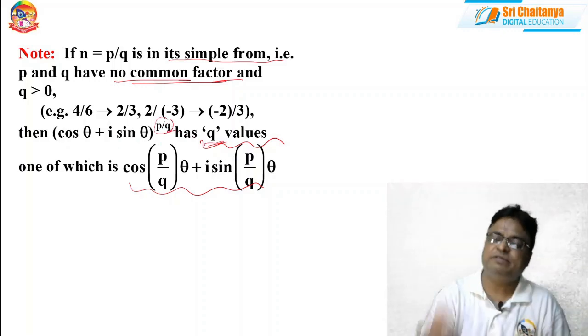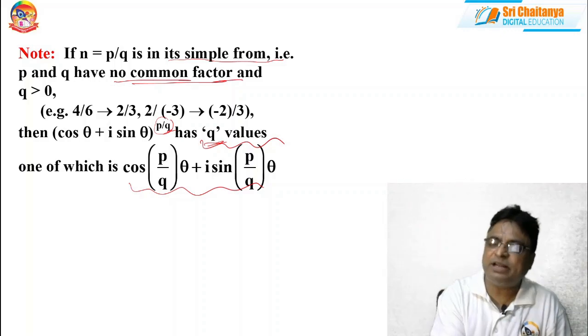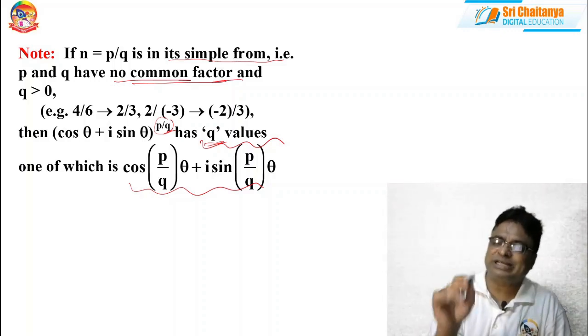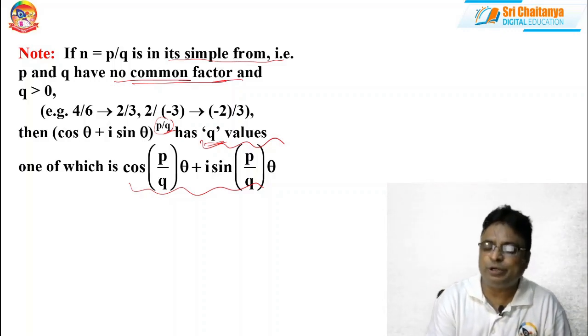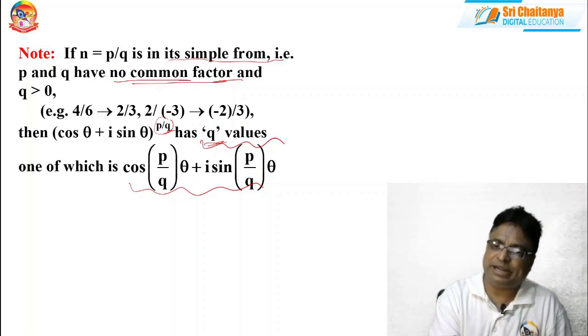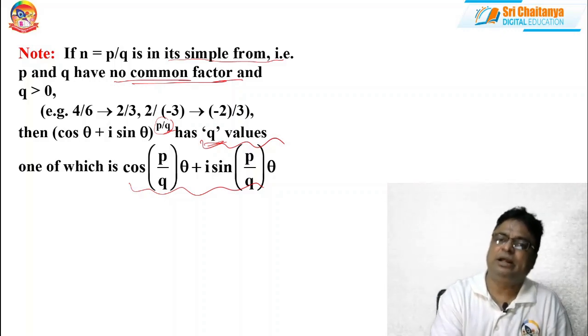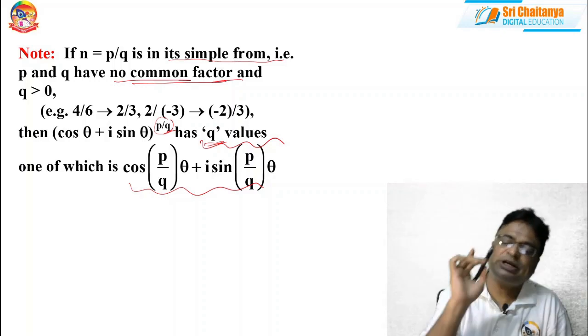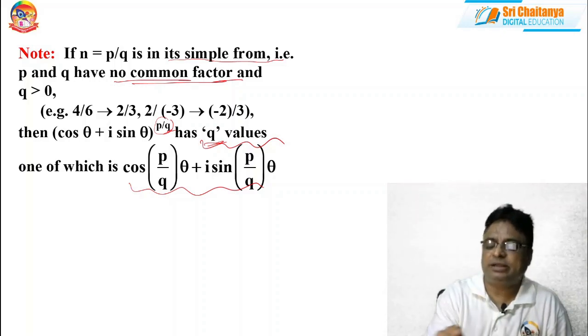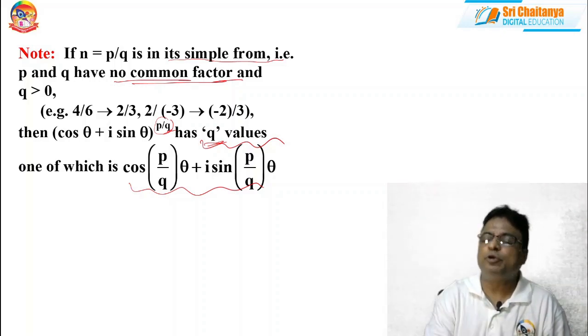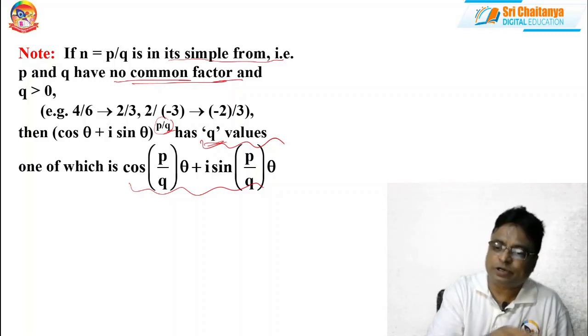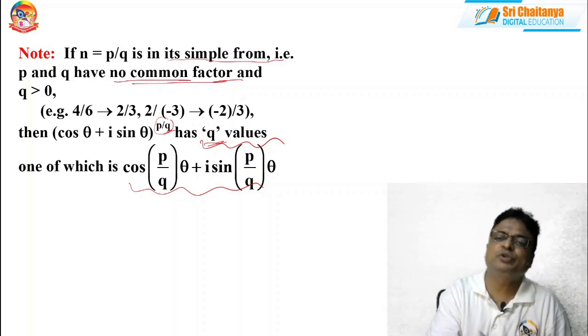Of that, this is one of the values. Then how to find the remaining values? To extract the remaining values, we add 2k pi to the argument, and we multiply the power to that angle. And by taking k equal to 0, 1, 2, 3 up to q minus 1, because there are total q values, from 0 to q minus 1 only, it becomes what?